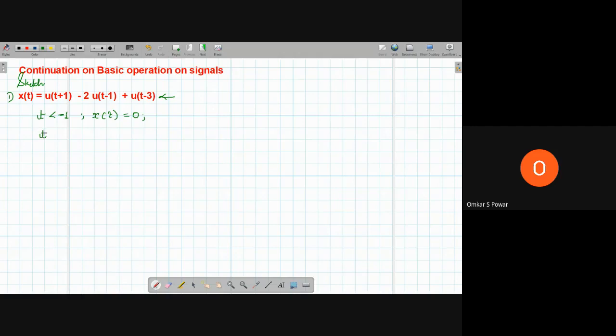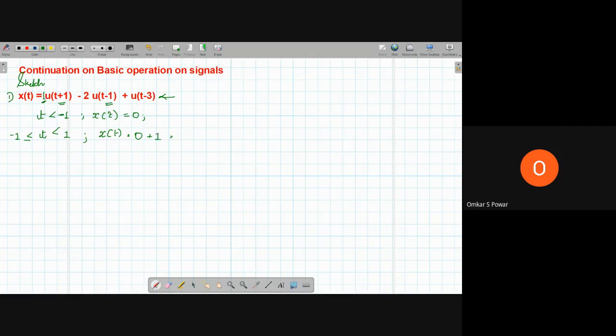Then t greater than or equal to minus 1 but less than 1. Here x of t is equal to whatever previous value there is, 0, plus whatever value you have got here. What is the value here? 1.